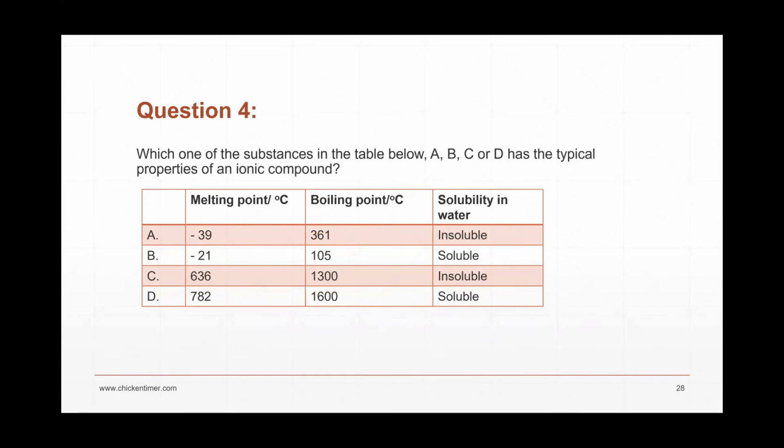Which one of the substances in the table has typical properties of ionic compound? A. Yeah. High melting and boiling point and soluble.